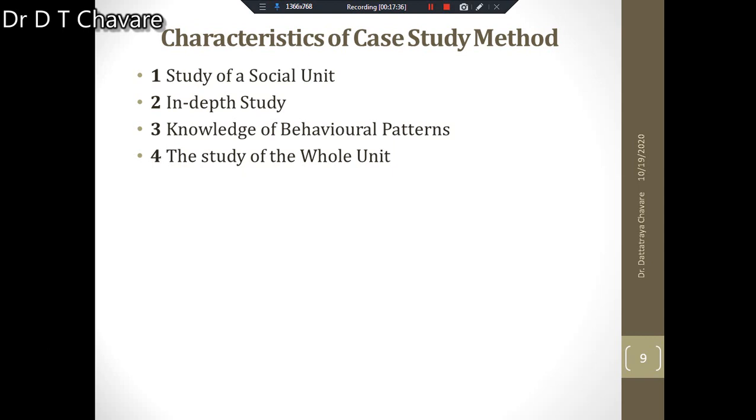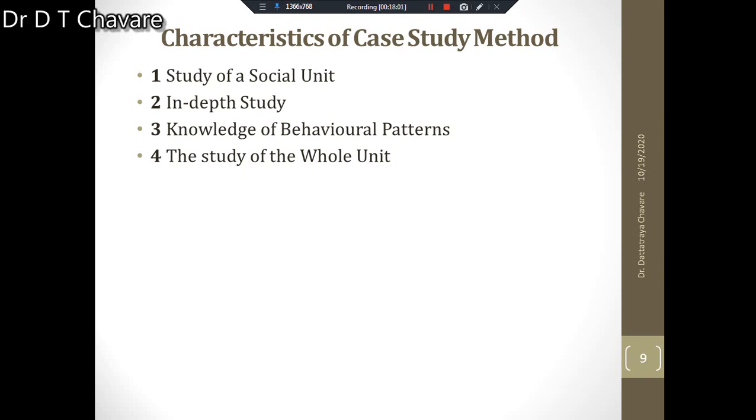Then the third characteristic we have to understand is knowledge of behavioral patterns. What is it? The case study method deals with both the what and the why of the subject matter. That is, it tries to describe the complex behavioral pattern of the unit under investigation.